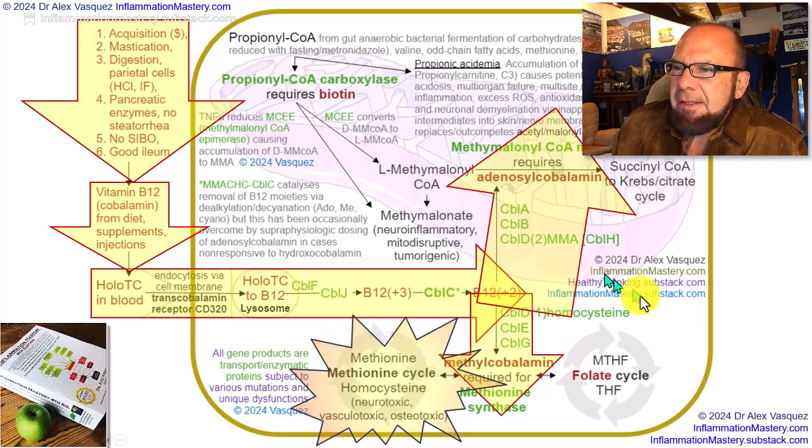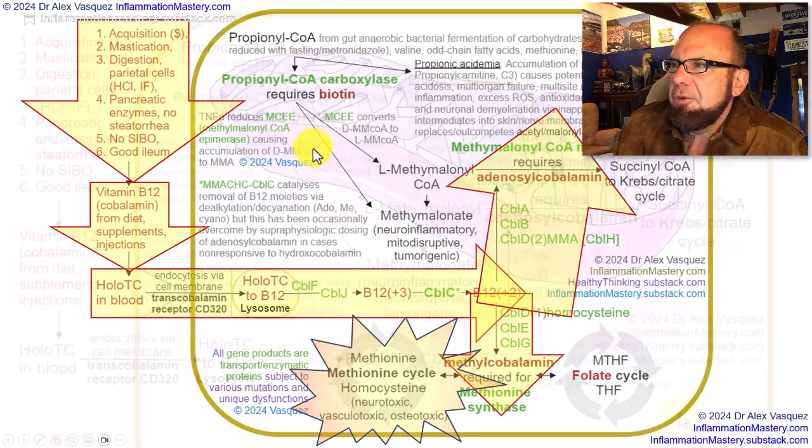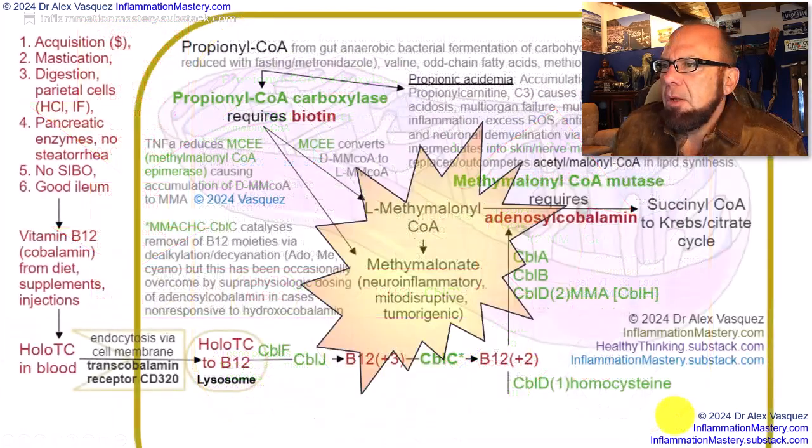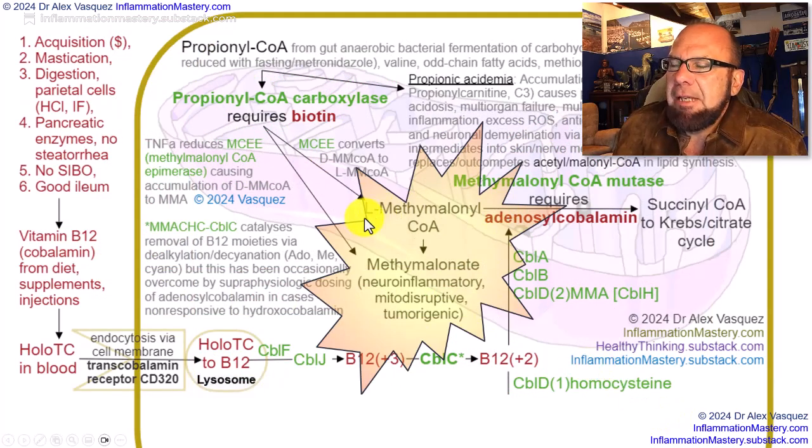Whereas the events down here are occurring within the cytoplasm, all the events up here are occurring within the mitochondria. What I want us to focus on is that we have to get rid of some of these toxic metabolites or toxic intermediates. L-methylmalonyl-CoA has to get converted by this enzyme, methylmalonyl-CoA mutase, which requires vitamin B12 in the form of adenosylcobalamin.